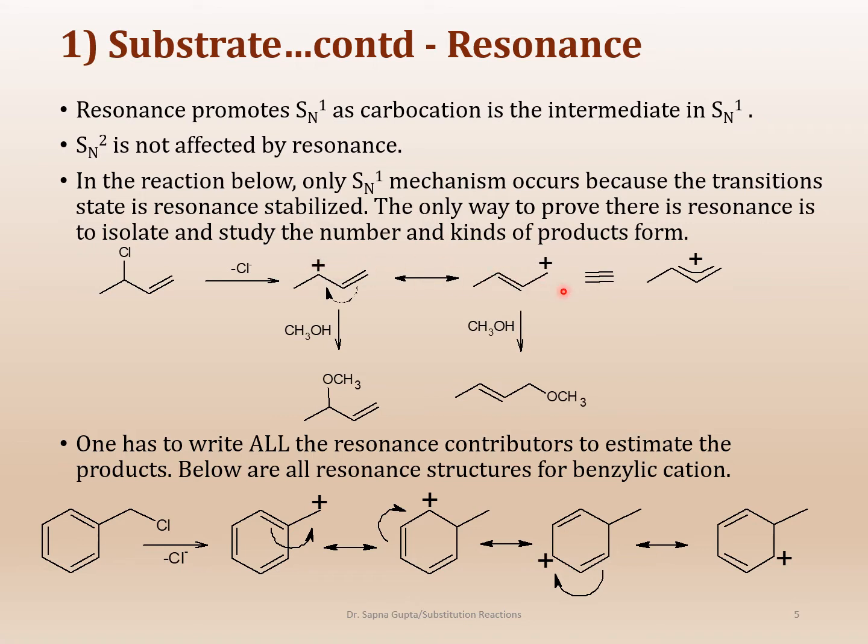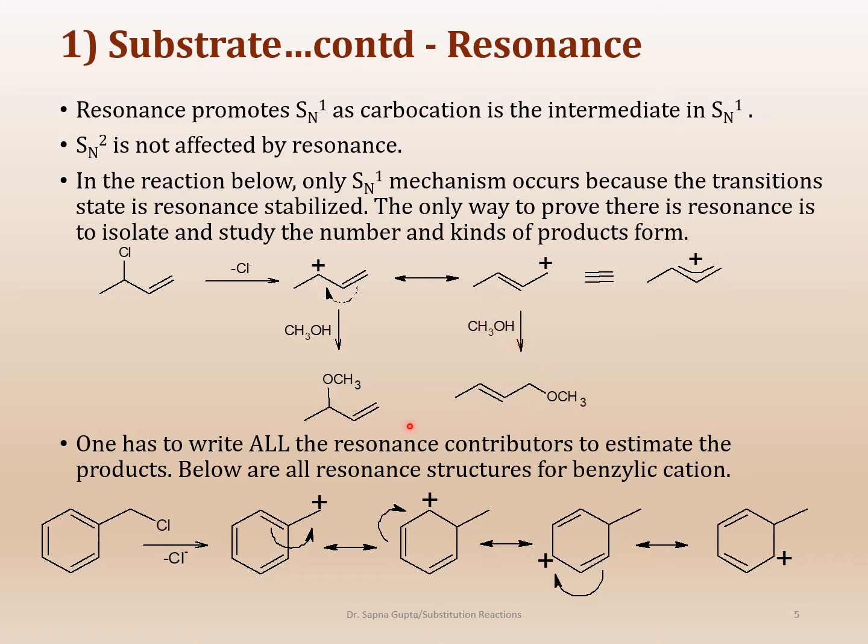So what happens in this case is that you're forming this resonance structure, which once it reacts with the nucleophile, it will give you this product. And then the other resonance structure, in which the carbocation is a primary carbocation, once this reacts with the nucleophile, you end up getting this product.